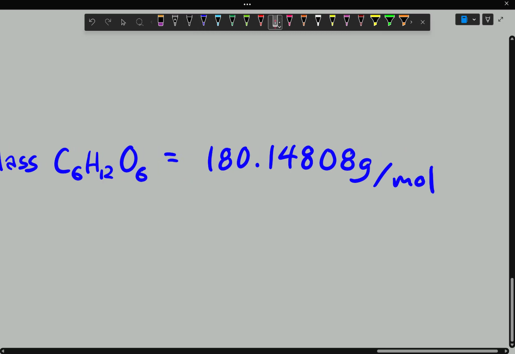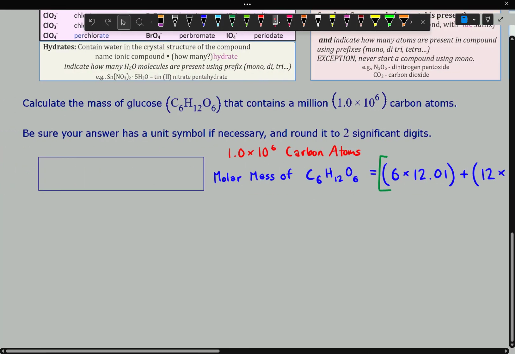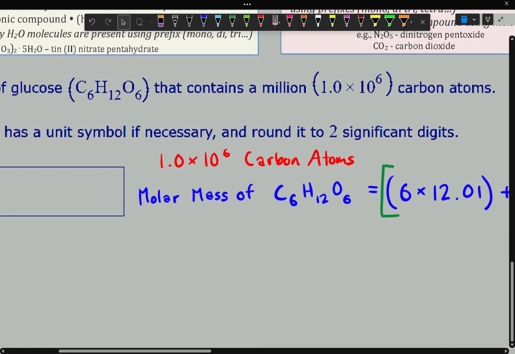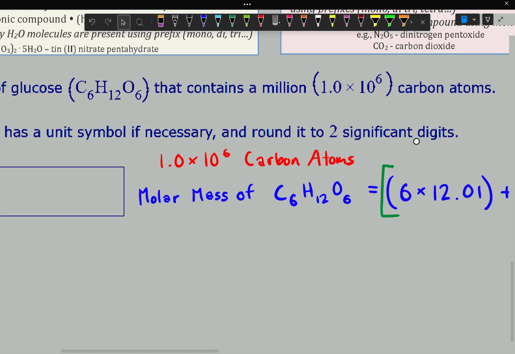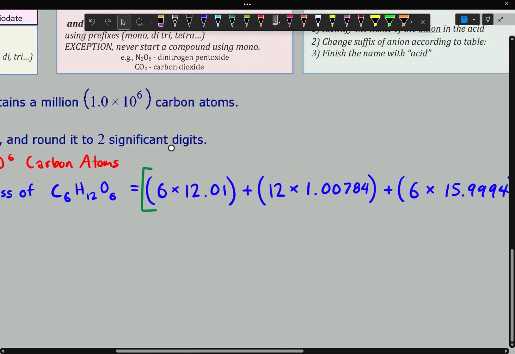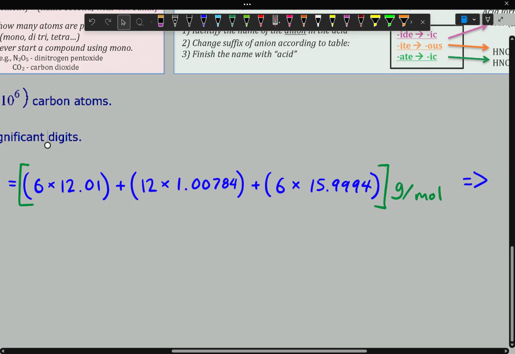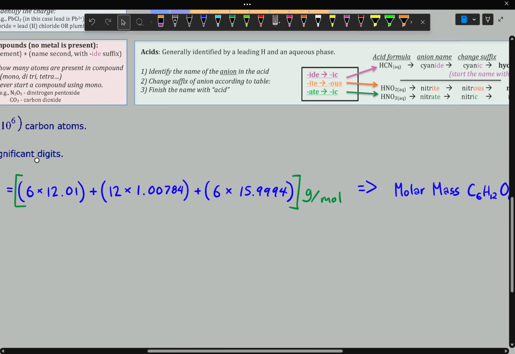Now, I like to leave as many decimal places as possible in the calculation portion of the problem. It does say in the problem that you should round to two significant figures, but I usually wait till the end before I do that, because the more information we have, the more accurate our answer will be in this case.